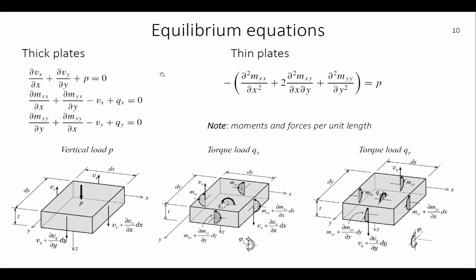If we start with the thick plates, we have the derivative of the shear forces plus the external load in equilibrium. We have the same for the bending moment components in the x and the y direction.